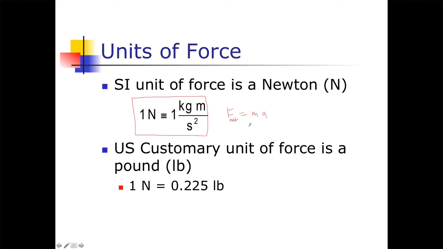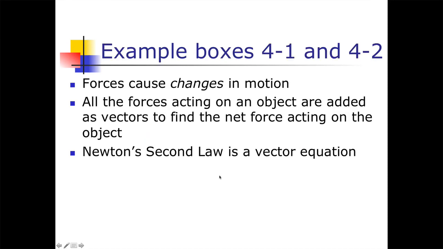The SI unit of mass is kilogram, and the SI unit of acceleration is meter per second squared. The combination of those two units has a special name known as Newton. In US customary units, force is measured in pounds. 1 Newton is equivalent to 0.225 pounds.